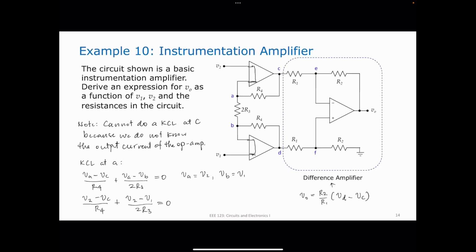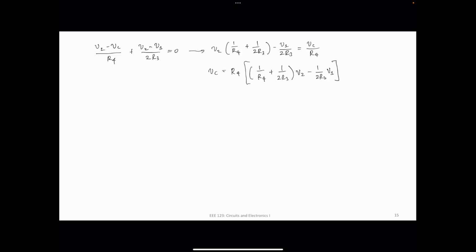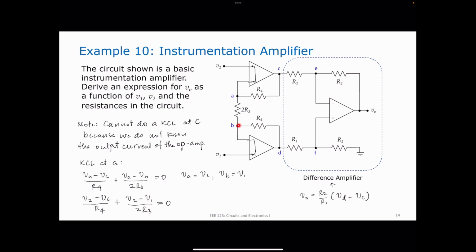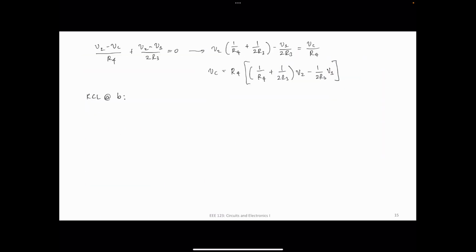So let's also do a KCL at B. VB minus VD over R4 plus VB minus VA over 2R3 is equal to 0.